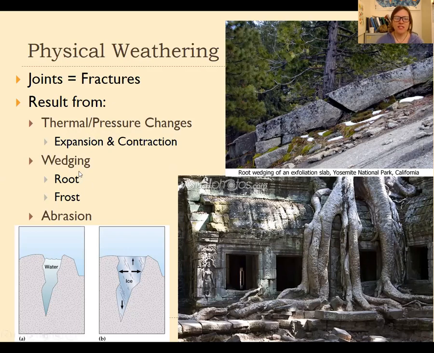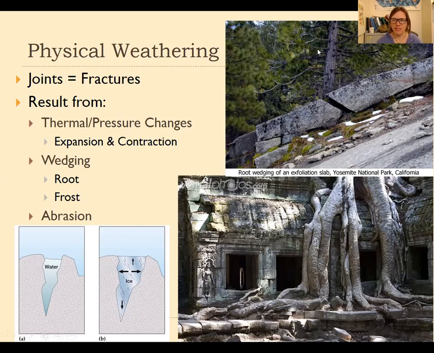At the earth's surface, we are much more likely to have these kinds of wedging processes that I described with the water and the ice. And this could also happen as a result of plant roots. So a tiny little plant root could work its way into a little crack in the rock. And then over decades or centuries, the root of that plant could start to grow and grow and grow and act like a wedge, just like that ice did, to push the rock farther and farther apart and open up that crack.